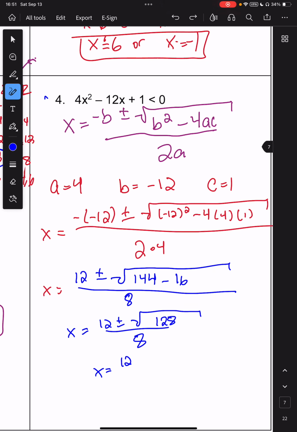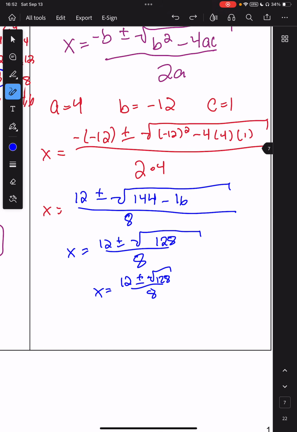X is equal to 12 plus or minus the square root of 128 over 8. The square root of 128 does not simplify. That is not a perfect square. So what we're going to do is write them in two ways.